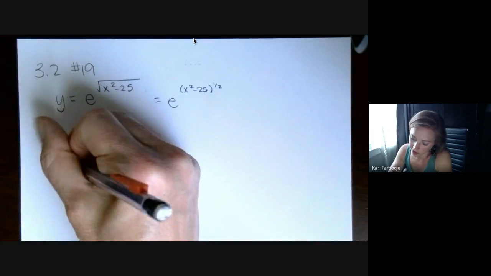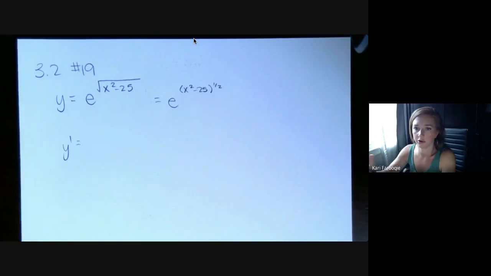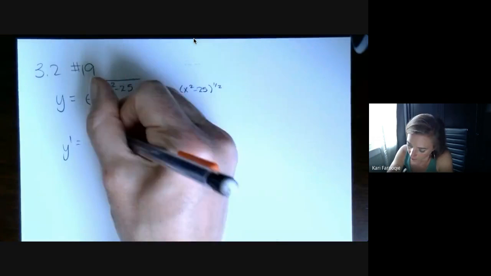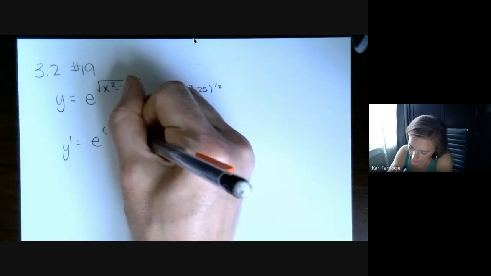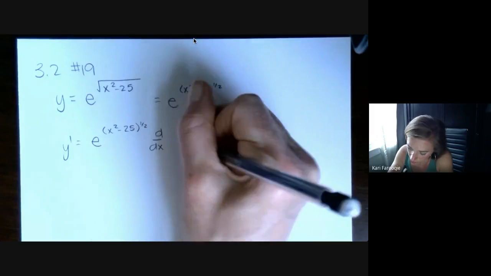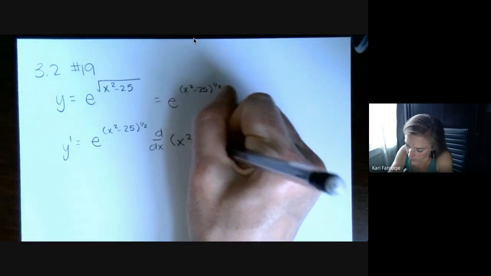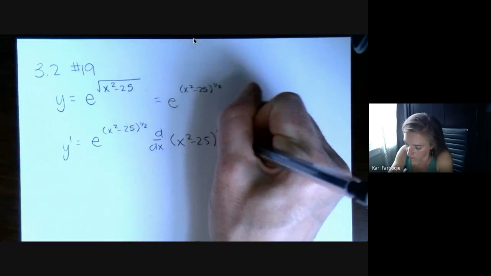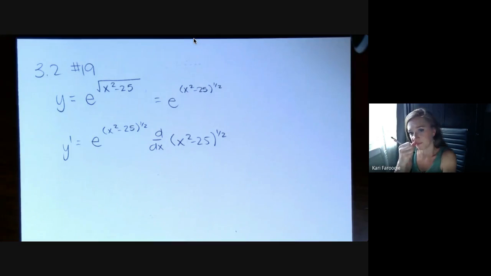First off, I'm going to take the derivative the way I normally would if it was just e to the x. But it's not e to the x, clearly. And then I'm going to chain on the derivative of the inside function, which is that one. So I'll do that in the next step.